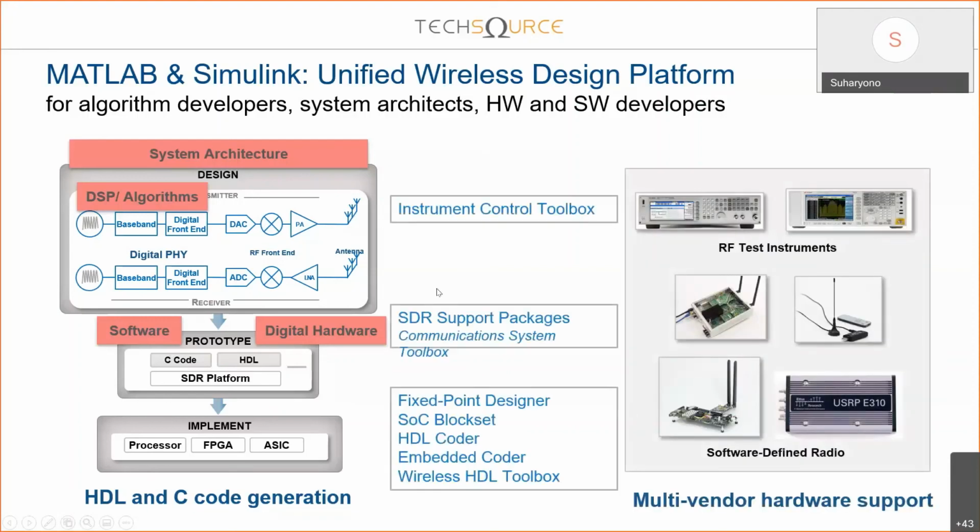We can also see how we can use different tools to connect to various instruments for over-the-air testing. And there are numerous support packages for SDR for you to quickly develop your system.